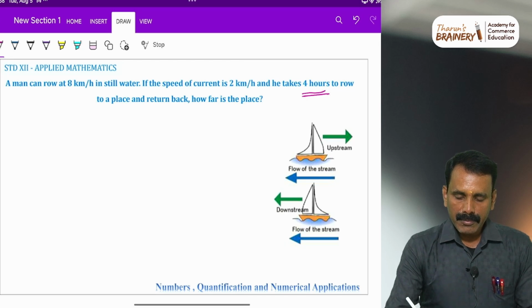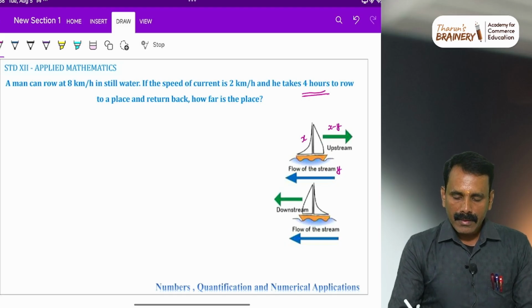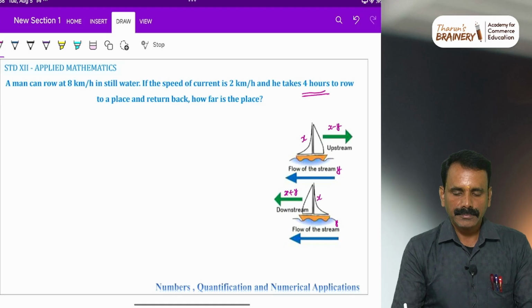So the speed of the boat is x kilometer per hour, flow of the stream is y kilometer per hour. For the upstream travel, the speed of the boat will be x minus y kilometer per hour. For downstream, it will be x plus y kilometer per hour.